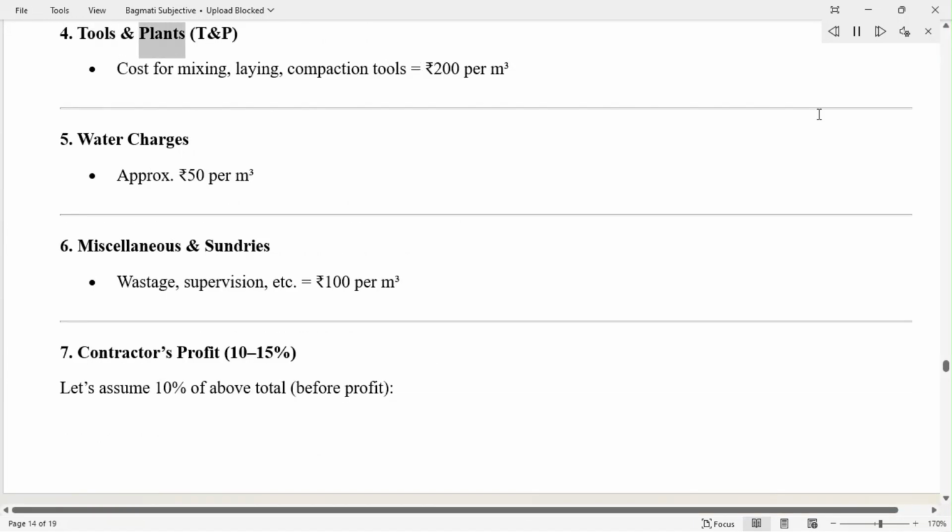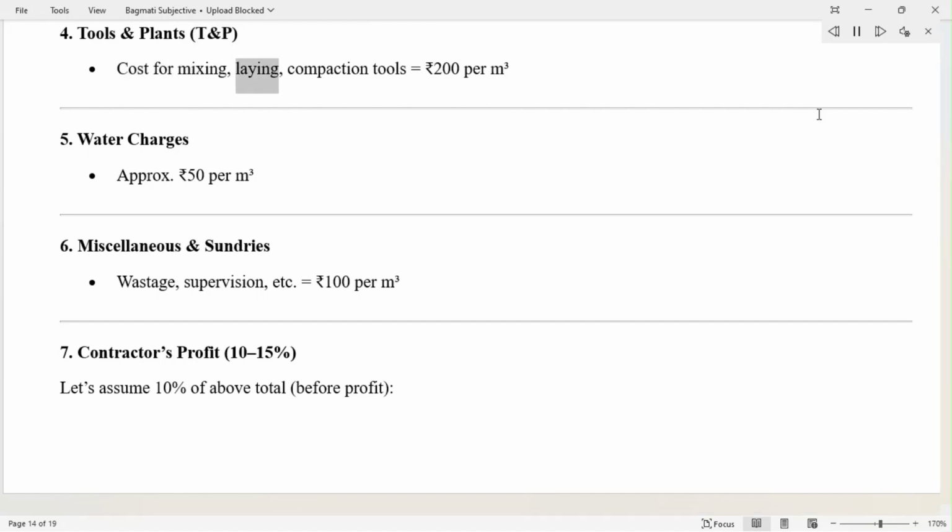Tools and plants, T&P: cost for mixing, laying, compaction tools equals 200 rupees per m³. 5. Water charges: approximately 50 rupees per m³. 6. Miscellaneous and sundries, wastage, supervision, etc., equals 100 rupees per m³.